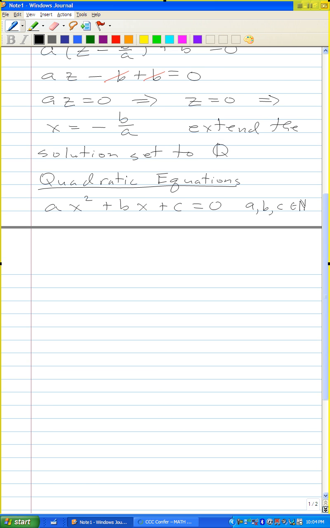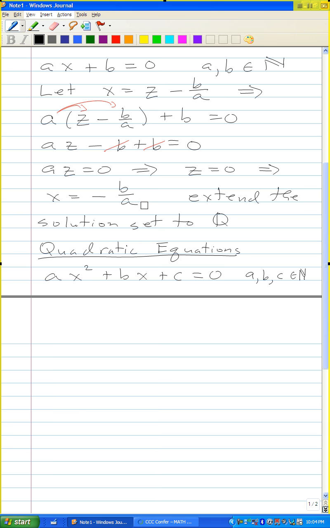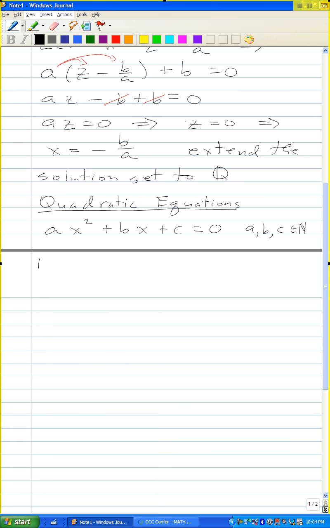And so, again, let's do the same thing that I've done up here. I'll let x equals z minus b over 2a. So now that we're doing quadratics, rather than just b over a, I'll do b over 2a.